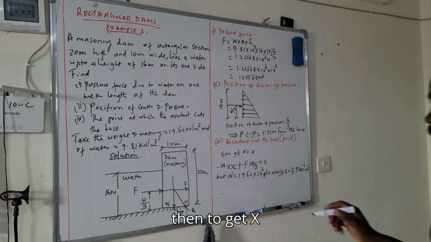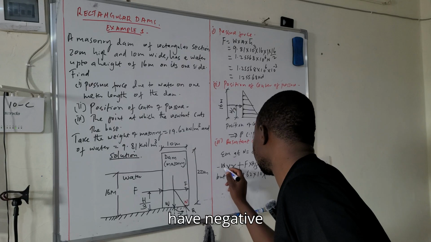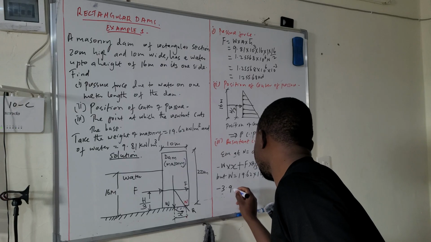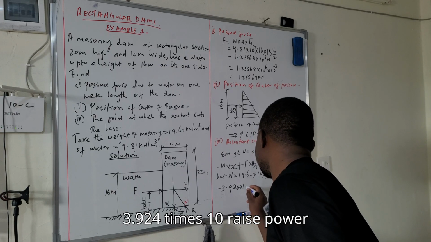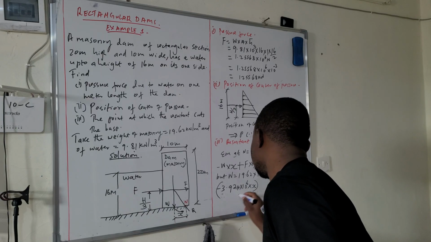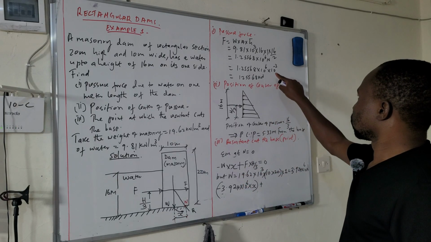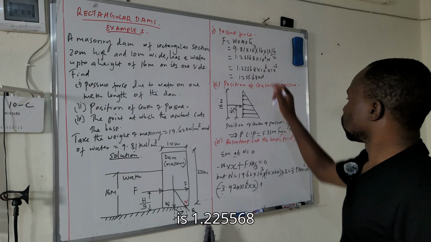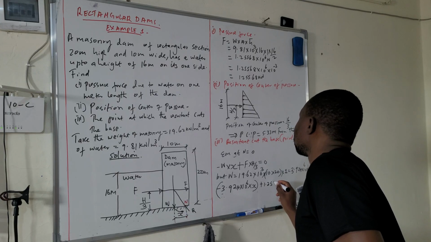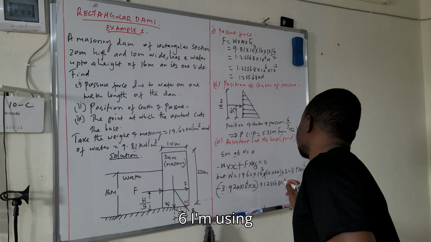Then to get x, we'll use this expression. So we'll have negative 3.924 times 10 raised power 6 times x, plus F. Our F here is 1.25568 times 10 raised power 6.